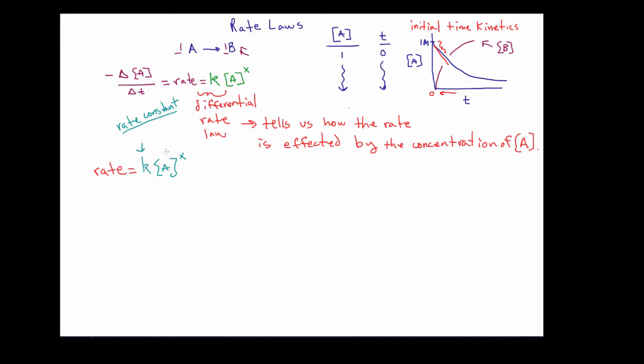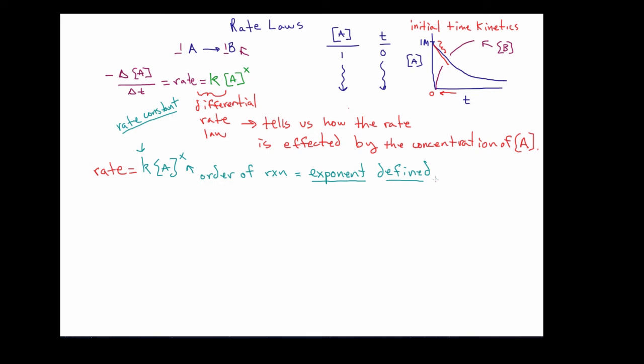The A, of course, is basically the initial concentration of A, and then we have this thing called x, which is the order of reaction. So order of reaction is an exponent that is defined experimentally, so you can't guess this value, and it does not come from the coefficients of the balanced equation.